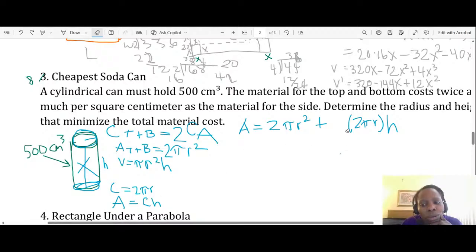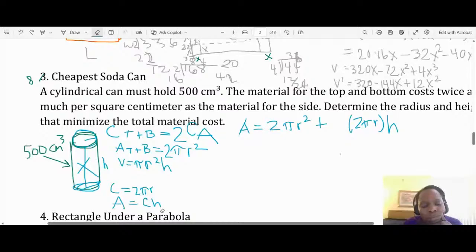I think the reason why I want to say 2 times is because of the side. But the side was really the circumference times the height.